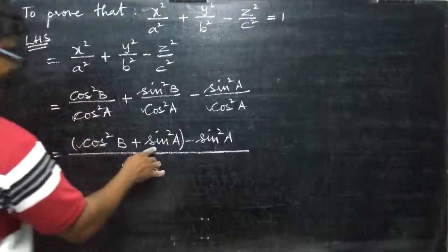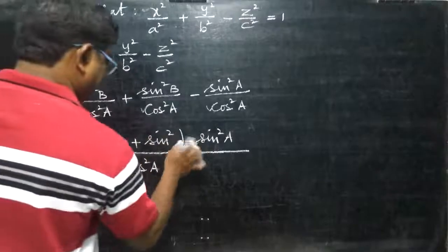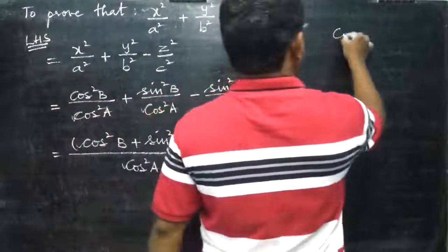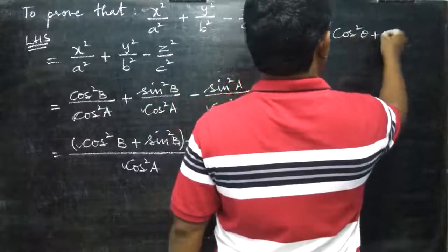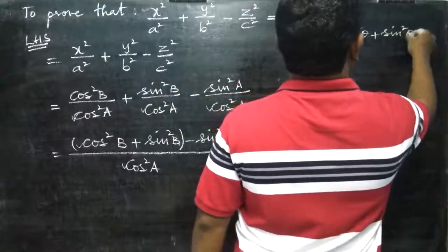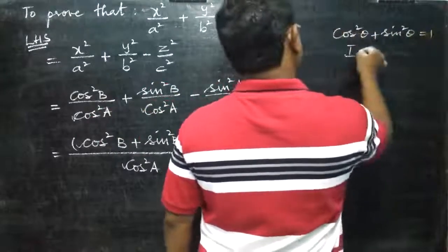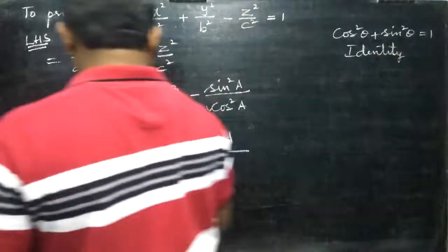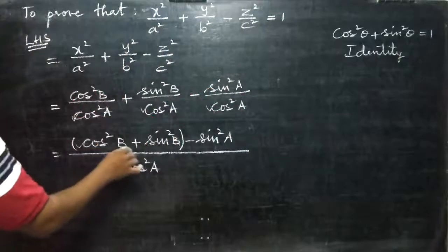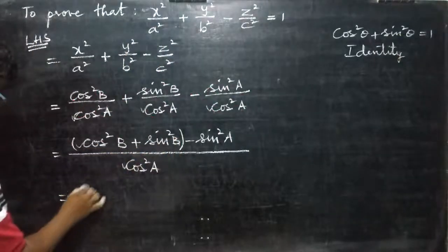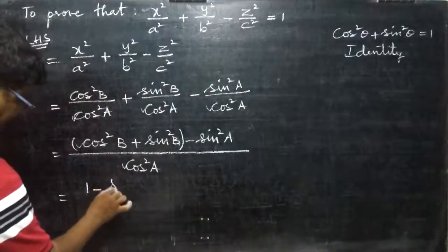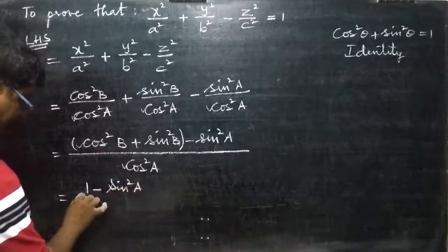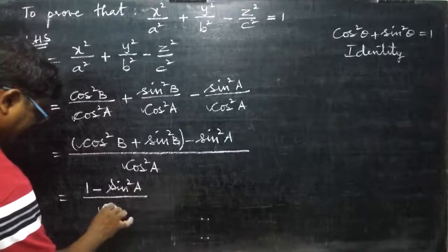Cos square B plus sin square B is an identity: cos square theta plus sin square theta is equal to 1. So that's why we combine these two, cos square B plus sin square B, which is 1. 1 minus sin square A by cos square A is left.